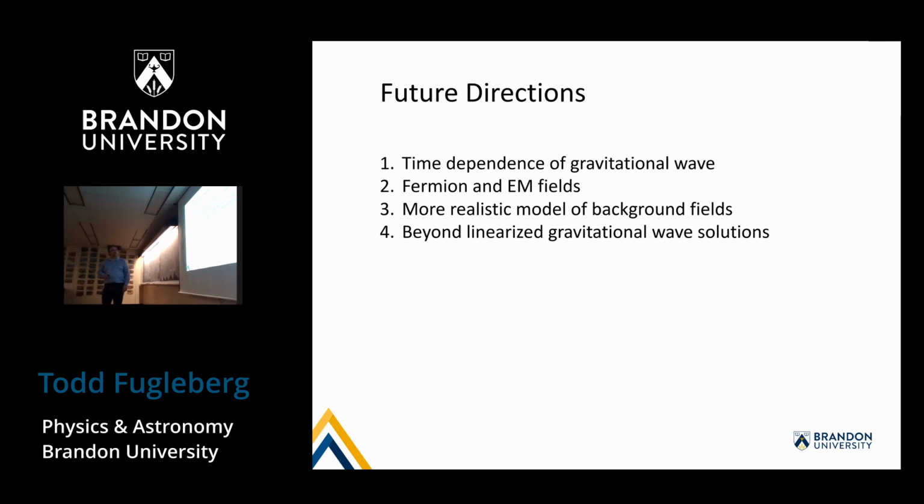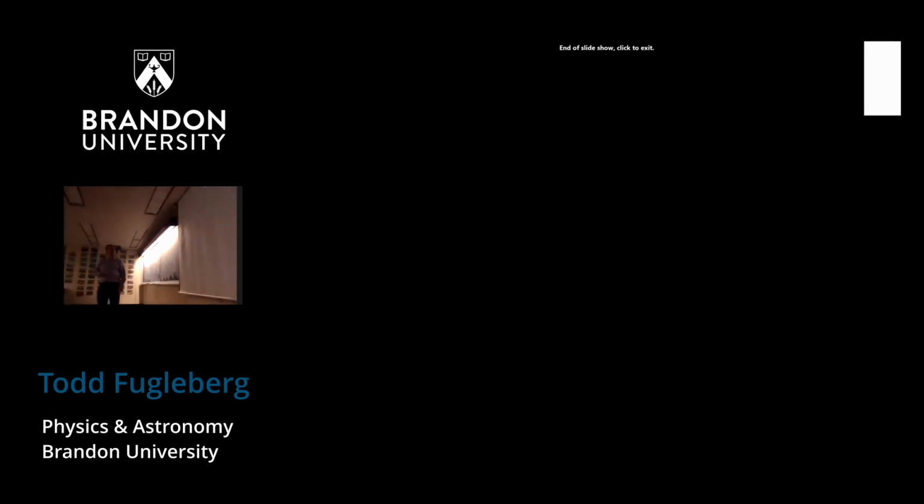And do some other things in terms of modeling the background fields and modeling what the actual form of the gravitational radiation is. So hopefully I was able to present at least part of that where you could follow the basic ideas, and thanks for your time.